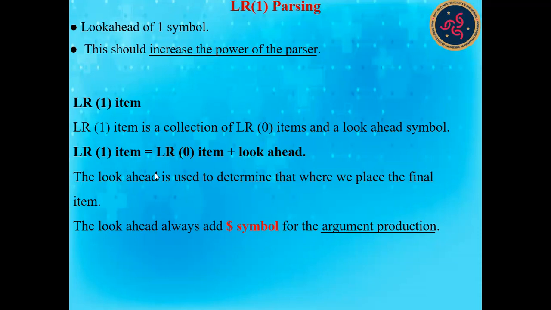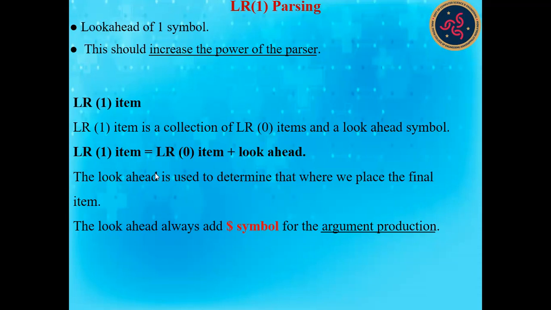But in SLR parser, we found the follow of that non-terminal, and we entered the value only for the symbols coming under the follow of that particular non-terminal, right? Therefore we have only a lower number of reduce moves in SLR parser.